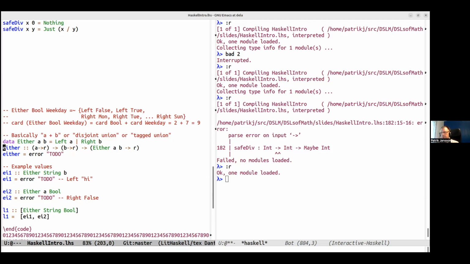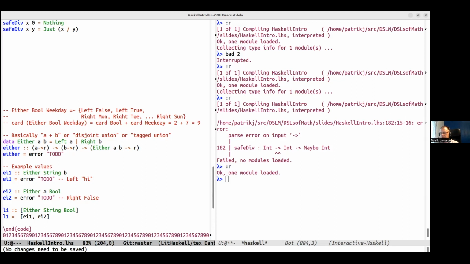And this is when you want to store different kinds of values, for example, in a list, then you can combine them in this way. I will not go into defining this either function here. It's very similar to the maybe function above, and it has the same kind of pattern of only one choice being possible to make.